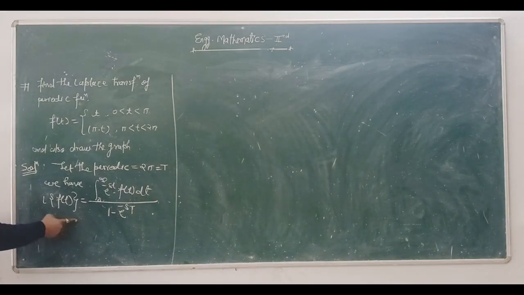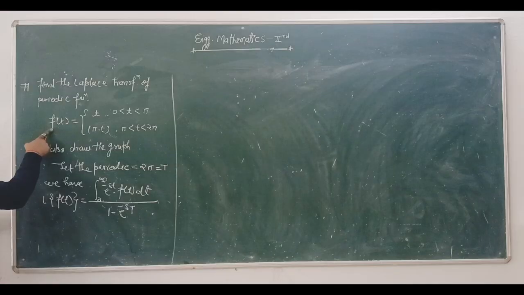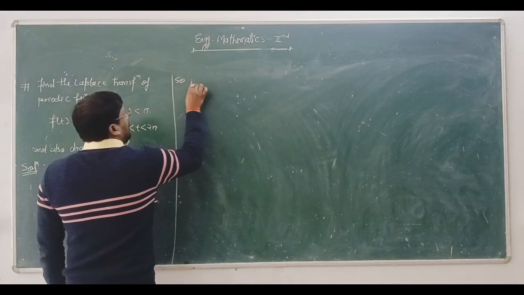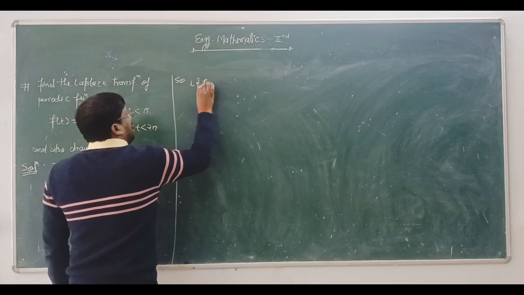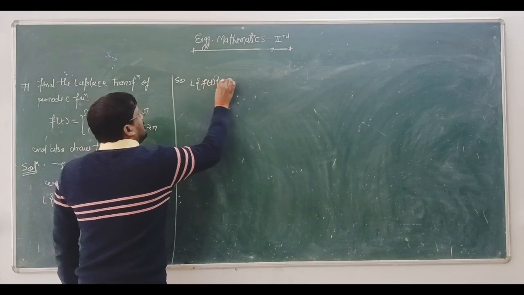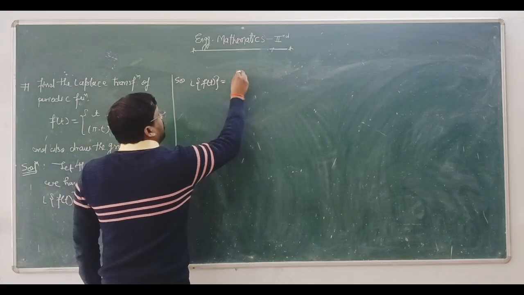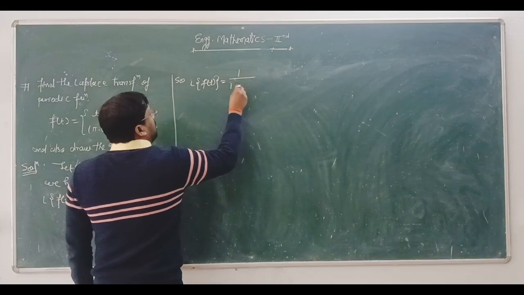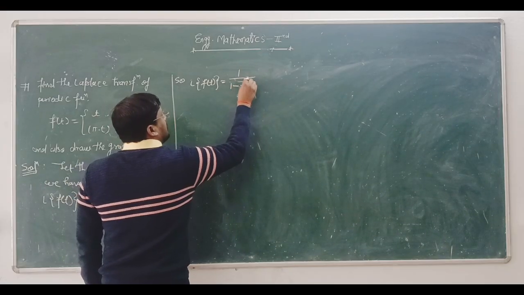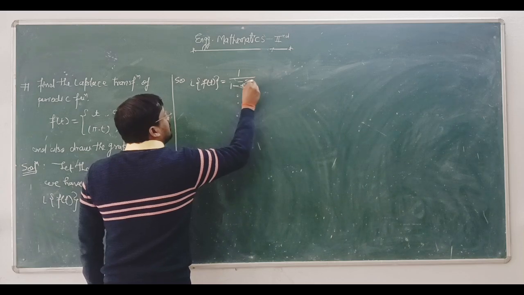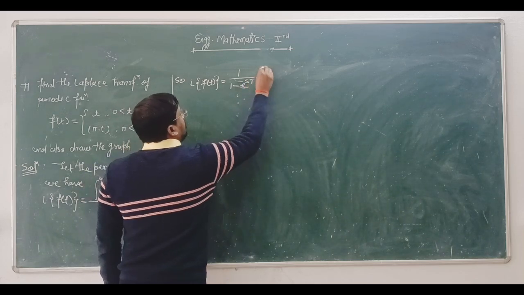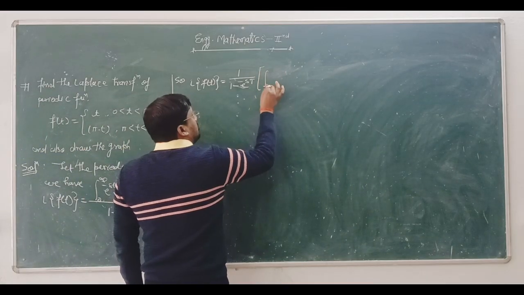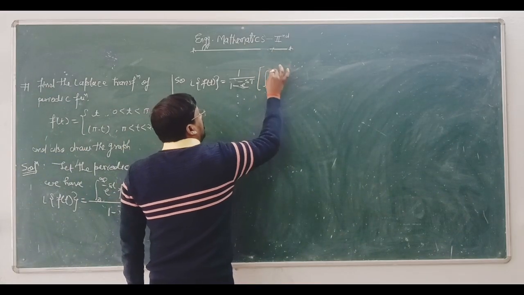Now apply this to the function f(t). So L[f(t)] is equal to 1 upon 1 minus e to the power minus sT, bracket, integral 0 to pi.